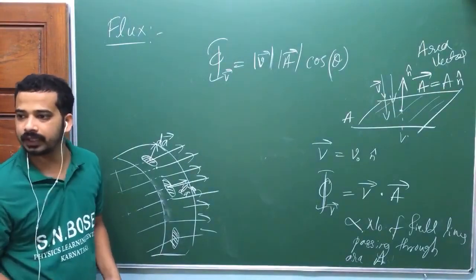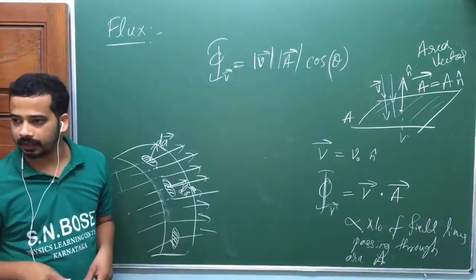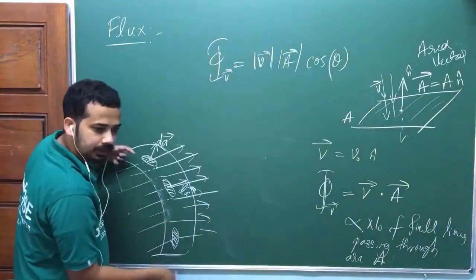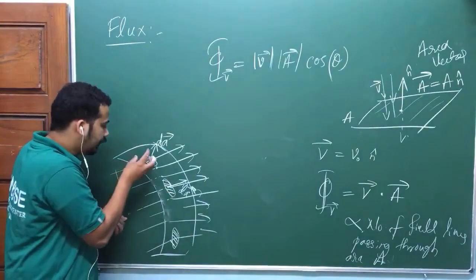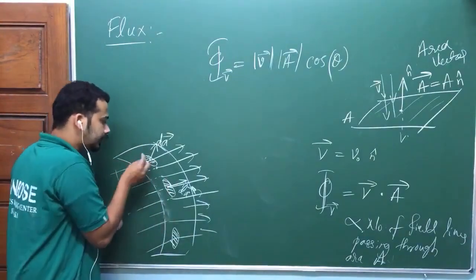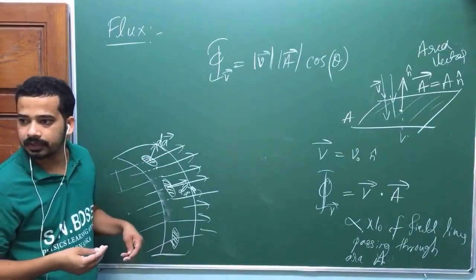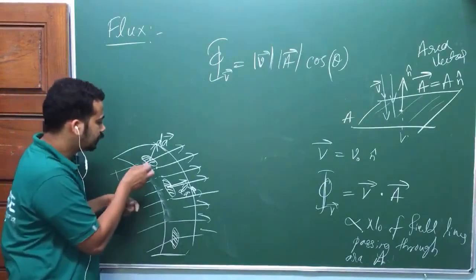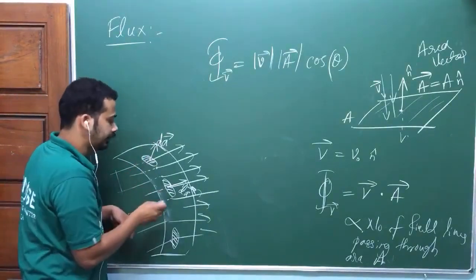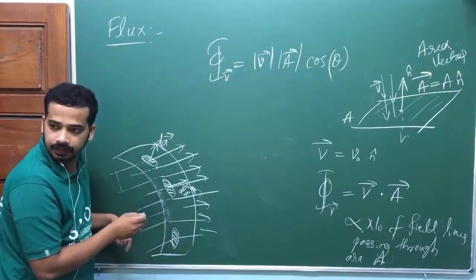To define an area vector, you should have a planar area. Since this is a curved surface, I divide it into small patches that can be approximated as planes.